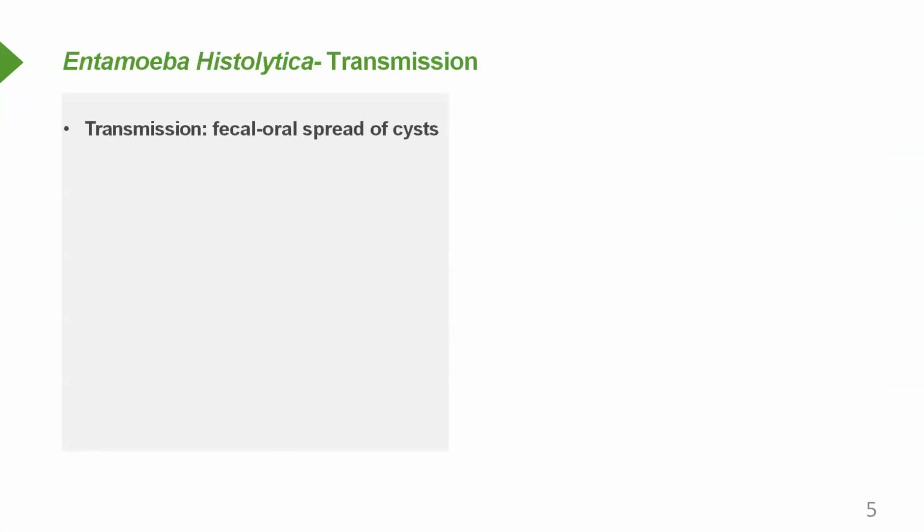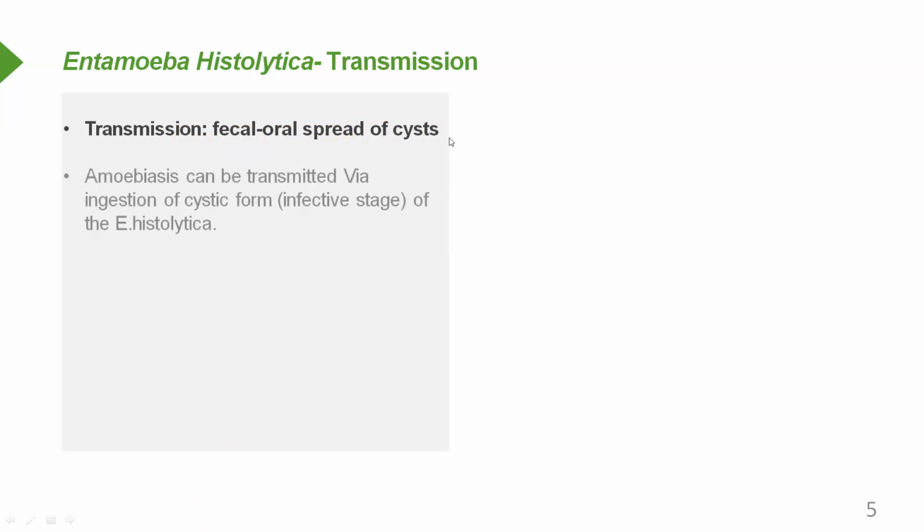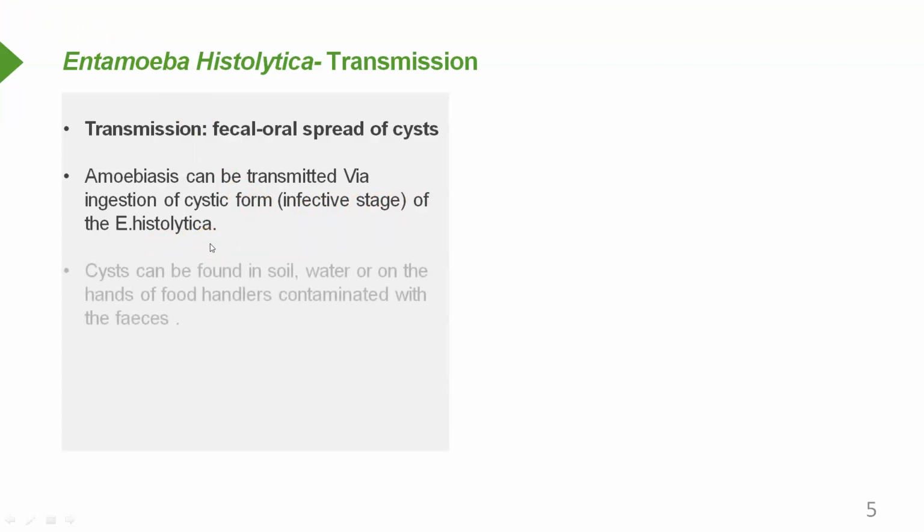The transmission of amoebiasis is mainly through fecal-oral spread of cysts. Amoebiasis can be transmitted via ingestion of cystic form, which is the infective stage of the Entamoeba histolytica. These cysts can be found in soil, water, or on the hands of food handlers, which is contaminated with fecal matter.